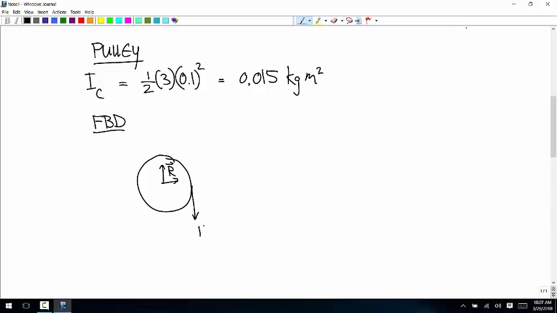We have the force T down, and we have the 600 Newton force there, and then we have the weight of the pulley, which is 3 times 9.81. So rho, force, moment.